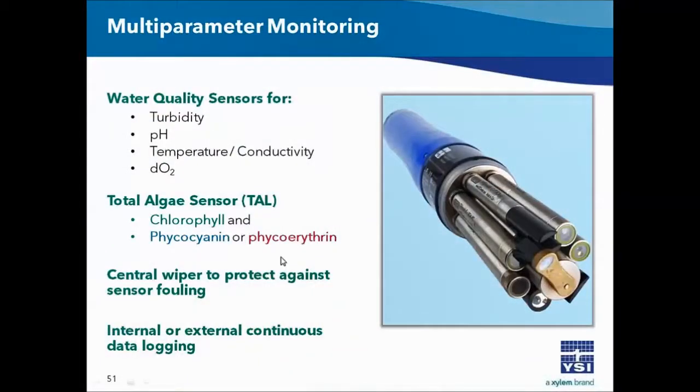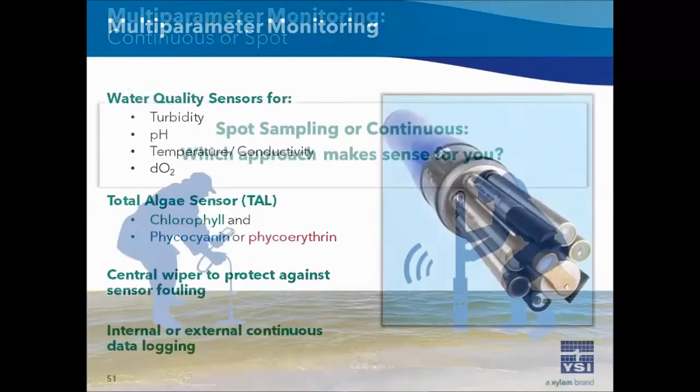Just so that you're aware, an example of a multi-parameter monitoring tool is of course a YSI EXO sonde, which you can equip with sensors that measure a lot of those water quality parameters we already talked about, as well as these critically important pigments. It has some other features that make it very useful, for example, for long-term and continuous monitoring. And it can even do some of the logging of the data for you, just in case you're not one of the people who has a satellite or access to a satellite.